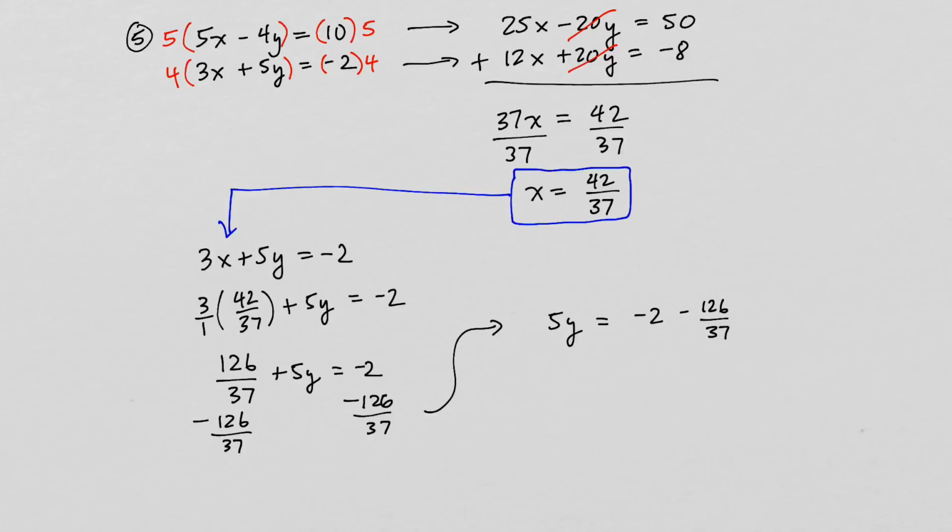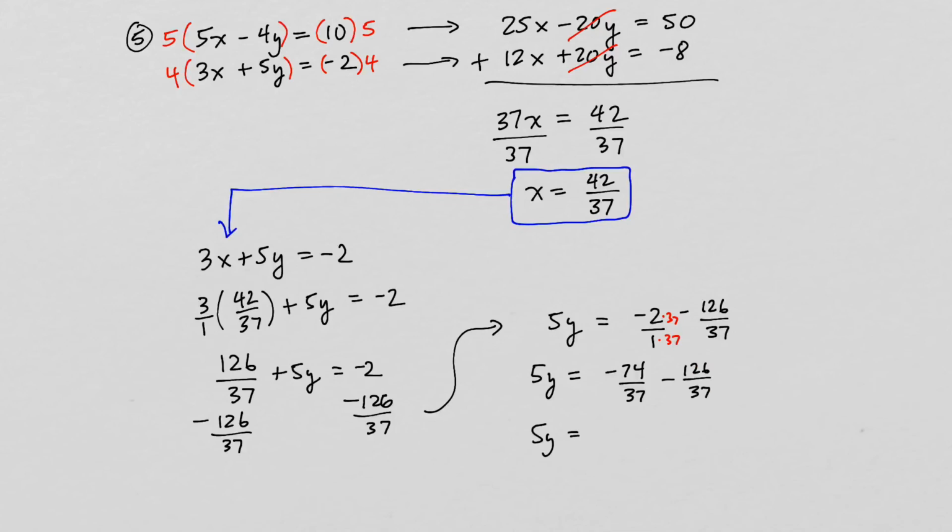Now I'm going to go through and show all steps. So I'm going to think of negative 2 as negative 2 over 1. I'm going to multiply the top and bottom by 37 to get a common denominator. This will give us negative 74 over 37 minus 126 over 37.